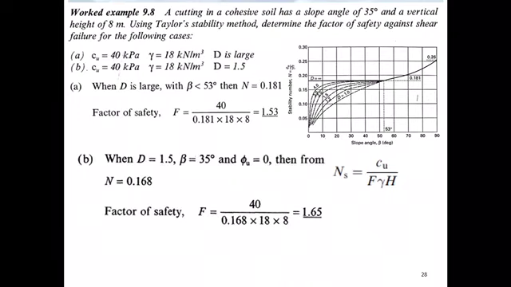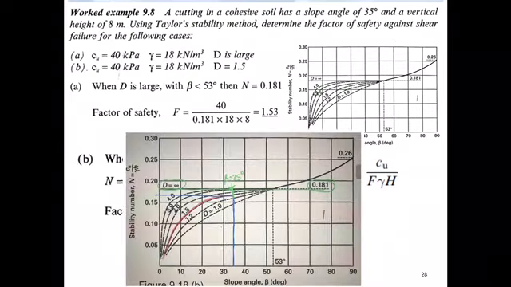When D is large, when beta is less than 53, it will be 0.181, because D is infinity. So N is 0.181.